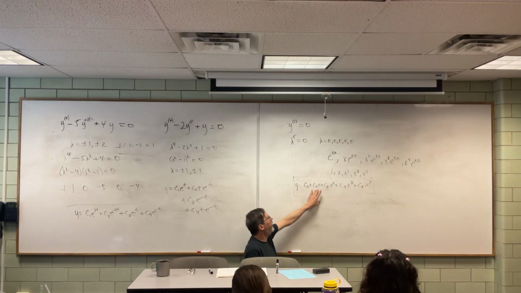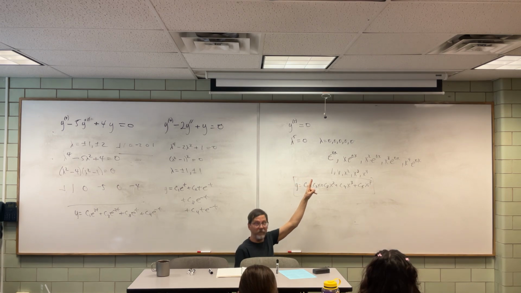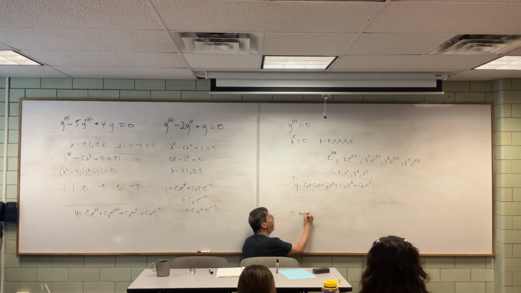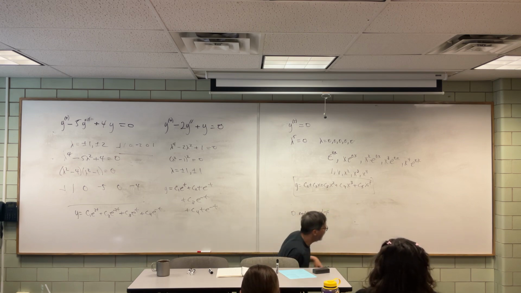What happens if you take the derivative of a fourth degree polynomial 5 times? You get 0. That's all this is saying. So when you have lambda equals 0, zero roots give polynomials. That's where polynomials come from in our solutions.